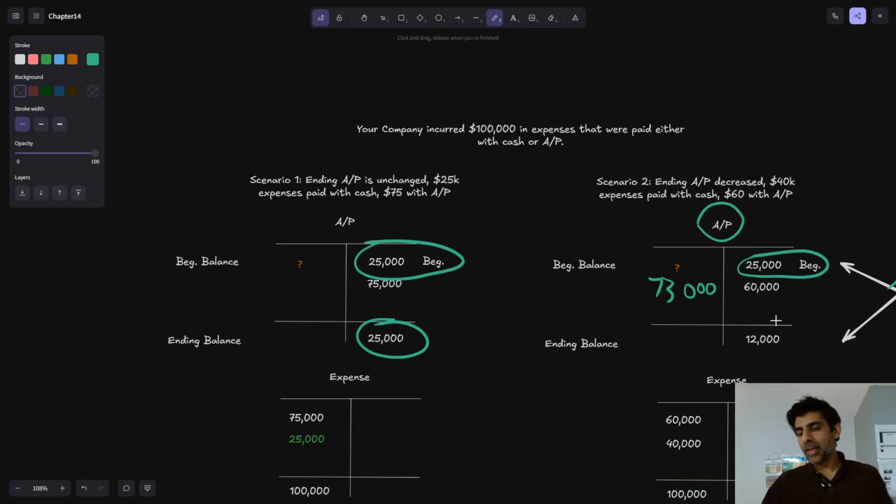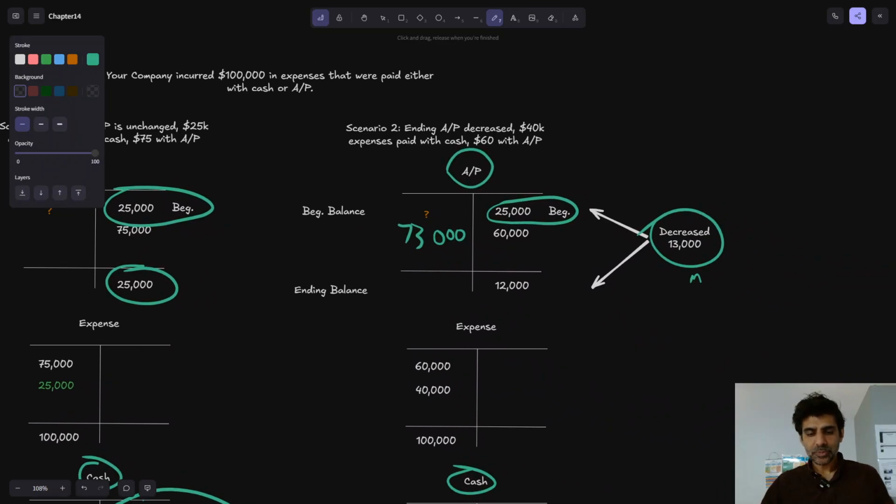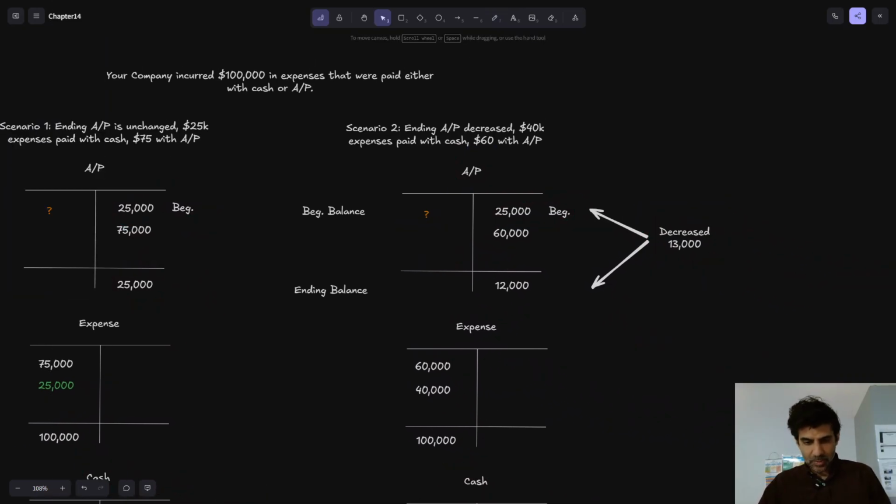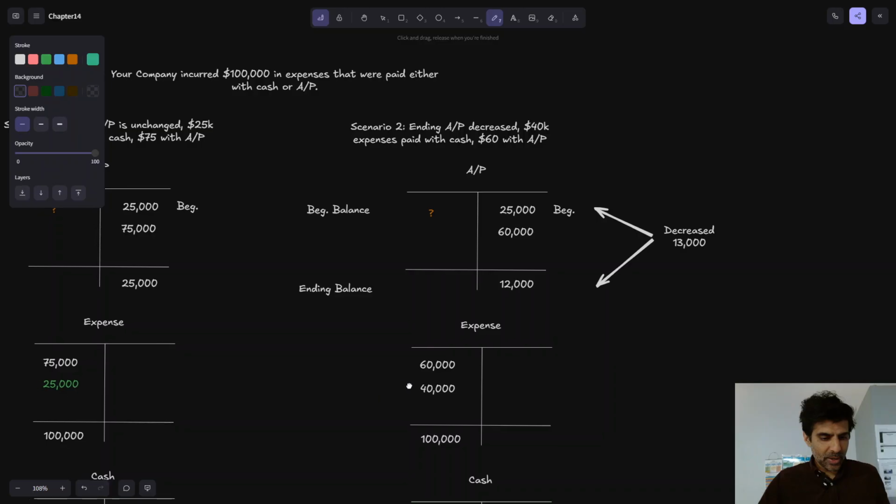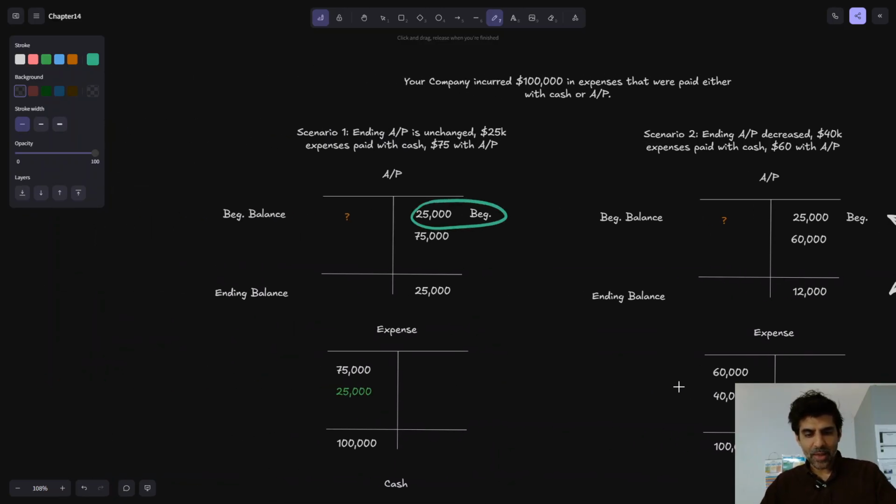Okay. Now there's a couple ways you can square this in your mind. You can think about it like this. In this case, our beginning and ending balance did not change, and we exactly paid whatever accounts payable came in during the period with cash.